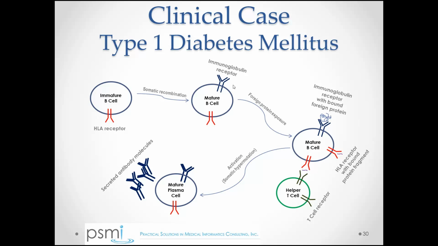So you already have tremendous diversity here, with some diversity in the HLA receptors. You have far more diversity in the immunoglobulin receptors because, as we'll see, the process of somatic recombination yields mature B cells that each differ in the protein structure of their receptors, whereas all of your mature B cells have the same HLA receptors.